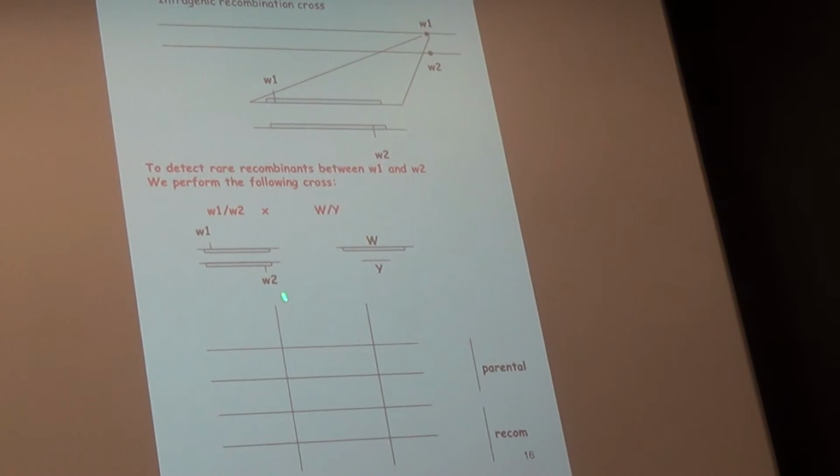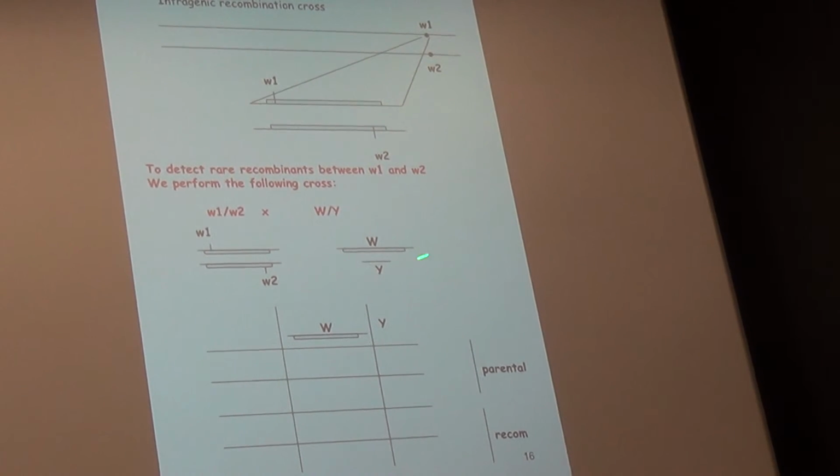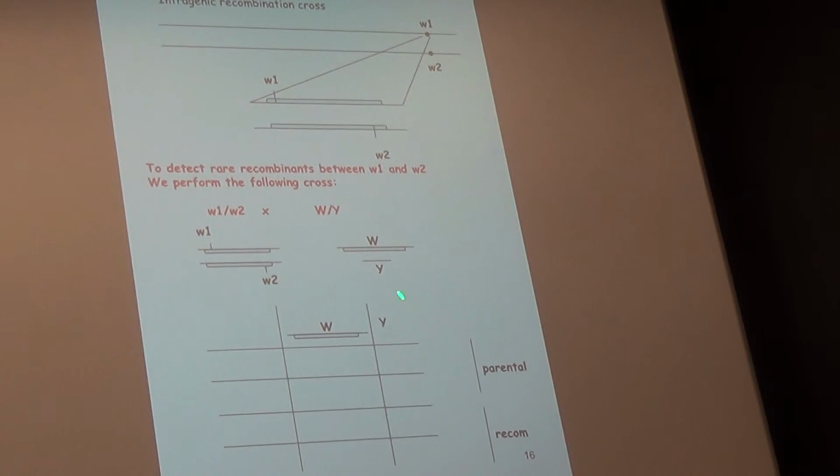The male is going to look like this, big W and Y. The male is going to produce two kinds of gametes, the big W and the Y chromosome. The female will produce four kinds of gametes because of crossing over. One of them will be just W1. One of them will be just W2, and then two of them will be based on crossing over.